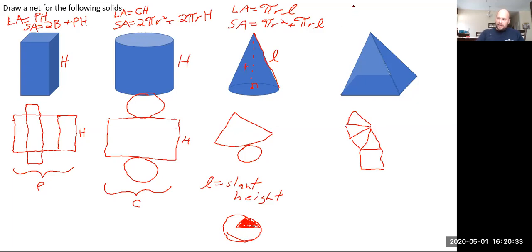So now, lateral area for a pyramid. For a pyramid, lateral area is found by doing 1/2 the perimeter of the base times the height. Pretty much the same idea as what we did way over here with our prism, except the sides of the prism were all rectangles.